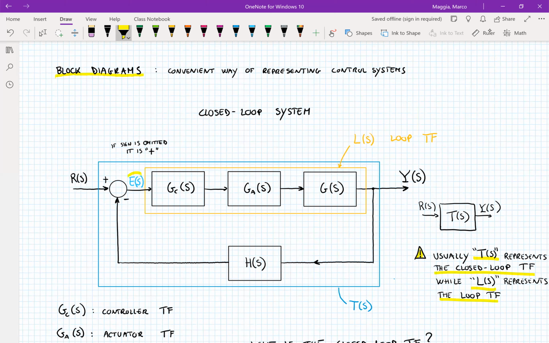So E of S is equal to, since we have the summing junction, R of S, which is a signal that we know, it's the input, minus, as we travel backwards, H of S times, and here you see the splitting, and we know that after the splitting we have Y of S, but by property number 2, this is the same signal that goes also down. And so H of S times Y of S.